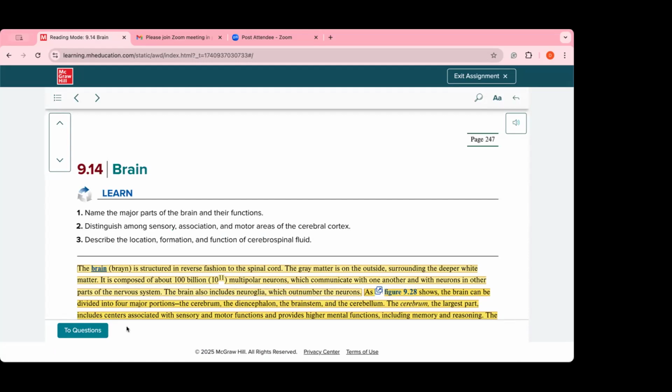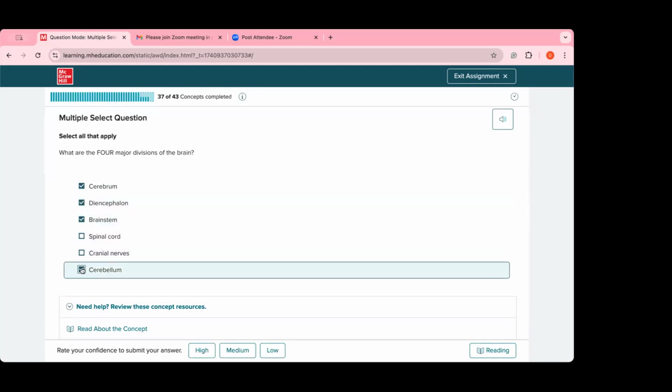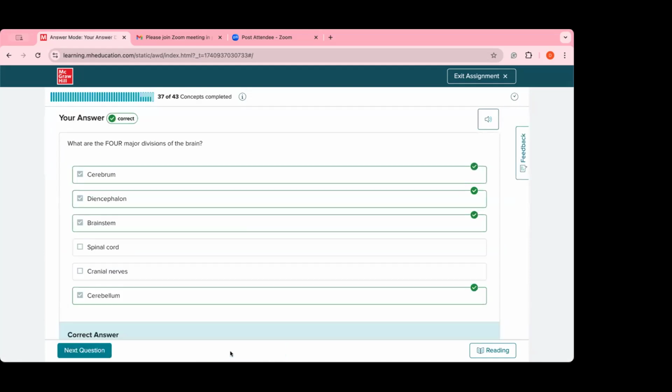The cerebrum, the diencephalon, the brainstem, and the cerebellum. Okay, so let's go to the questions. So the cerebrum, the diencephalon, the brainstem, and the cerebellum. Good job.